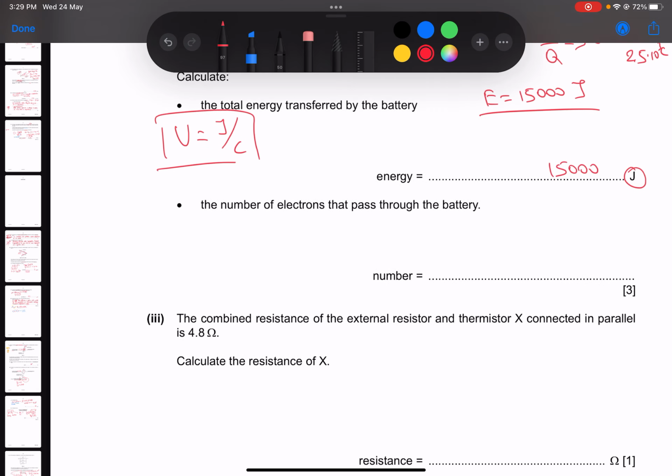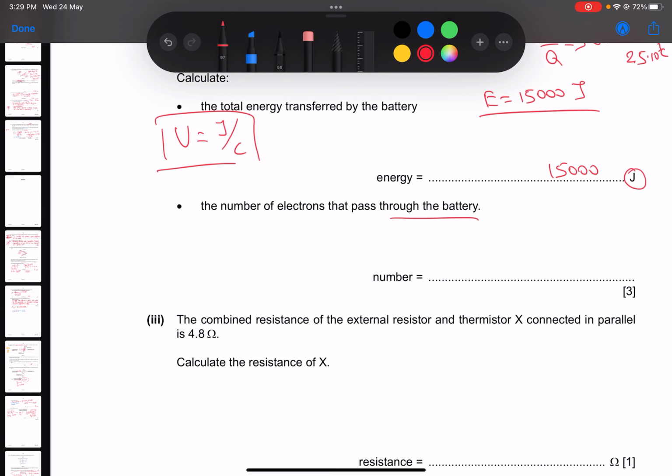Okay. Now, this is a little tricky question. The number of electrons that pass through the battery. How many electrons are passing during this? For this specific energy, how many electrons, the number of electrons that pass through the battery?